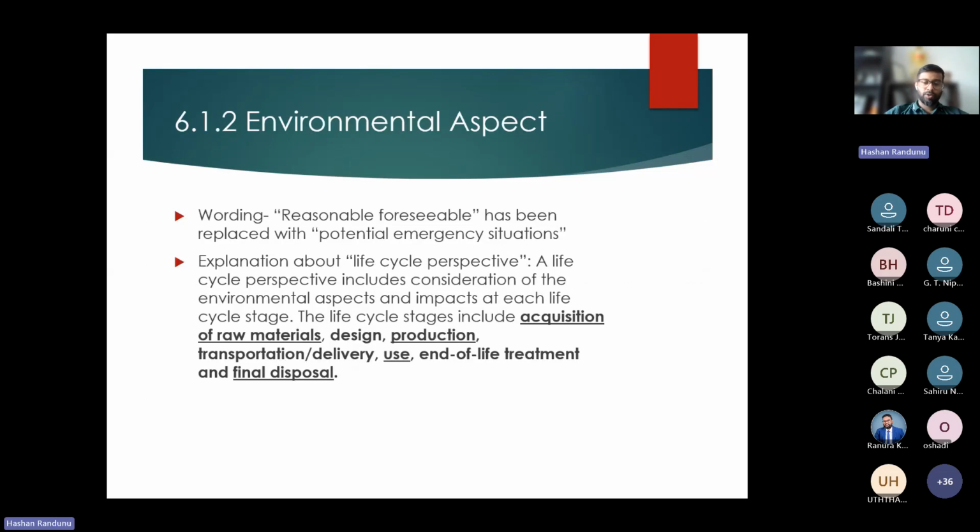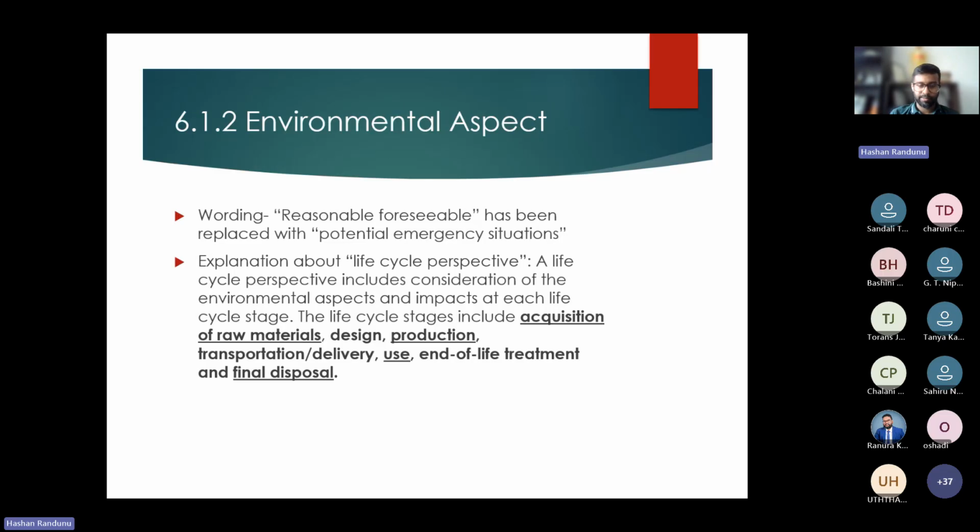Right. If we talk about the changes between the 2015 and 2026 versions, in the 2015 version, there is a term called reasonably foreseeable emergencies.